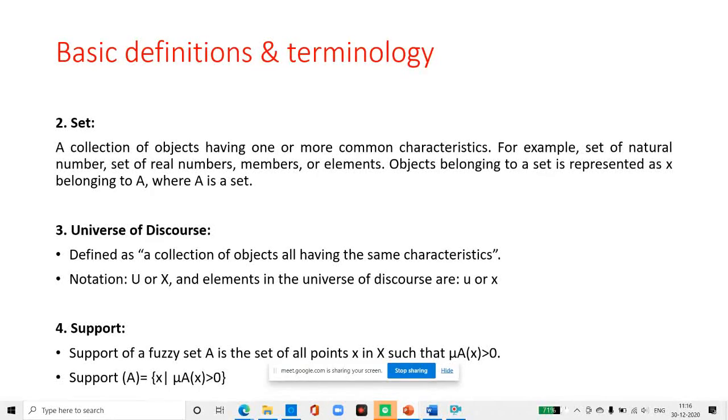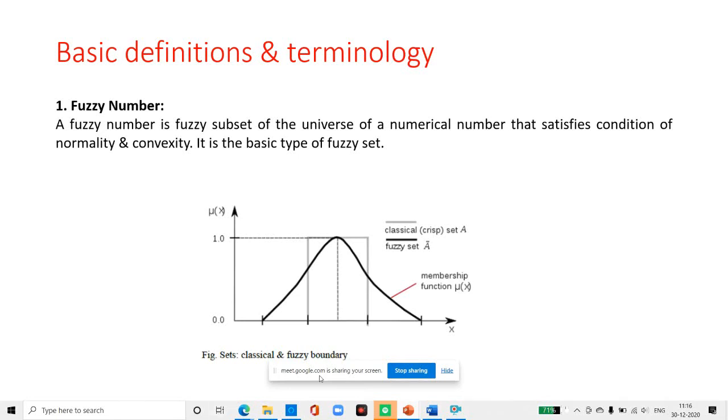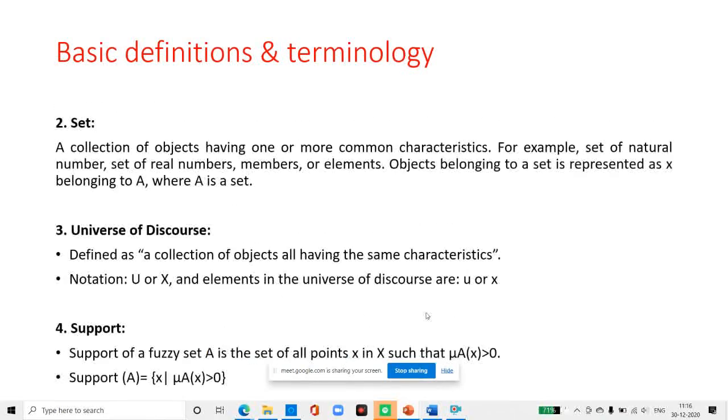An object belonging to a set is represented as x belonging to A, where A is a set.